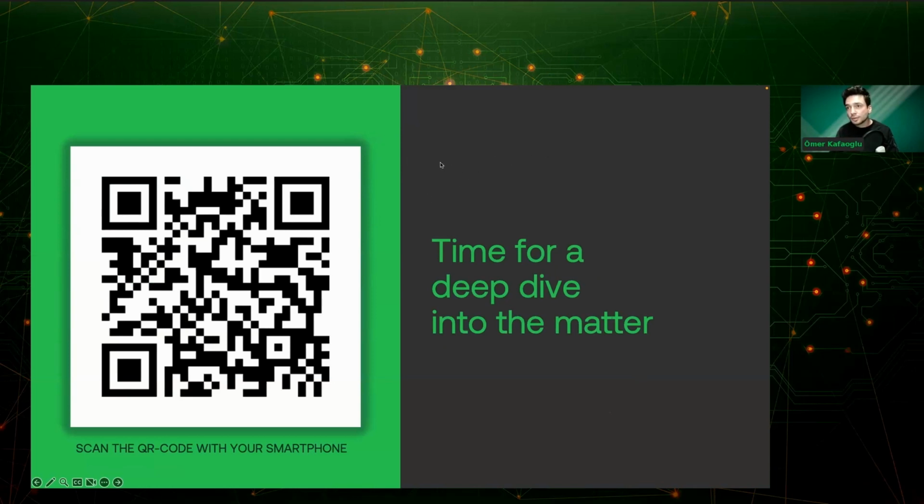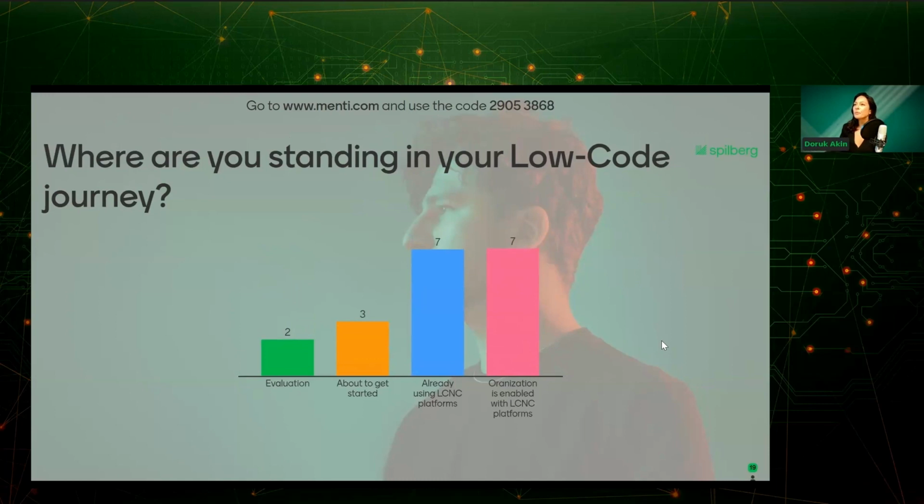I think, Doruk, you're going to take over here again with showing the results. So let's see. We have 7.7. Organization is enabled already. These platforms, 3 for evaluation. Also very exciting.